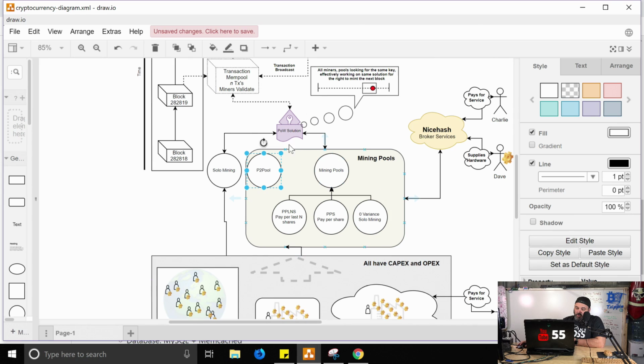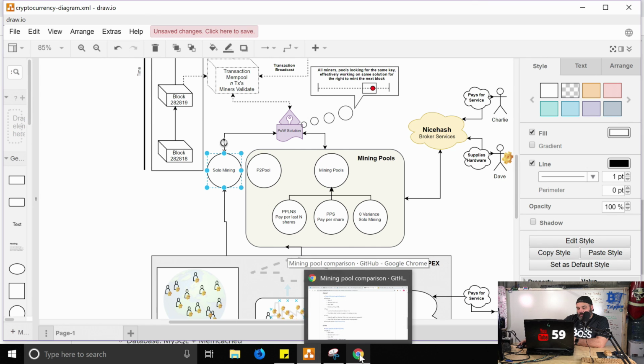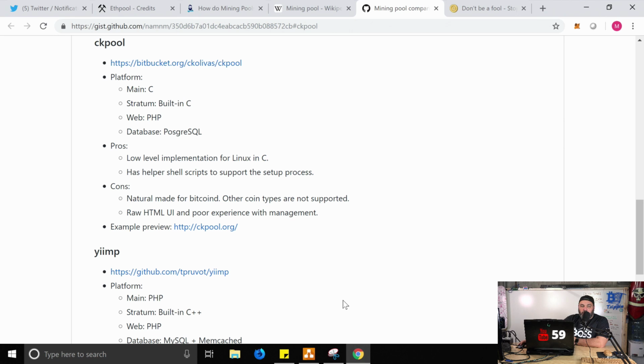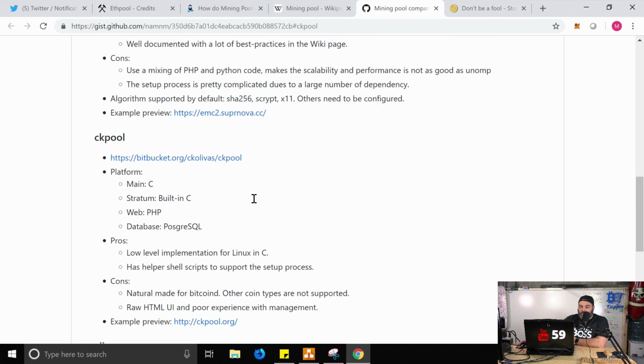These are all mining pools and the types of payouts that come with a mining pool. Then you have a different type of mining pool, and then you have solo mining, which is where you've either forked an existing pool software just to maintain some kind of order and control of your farm.